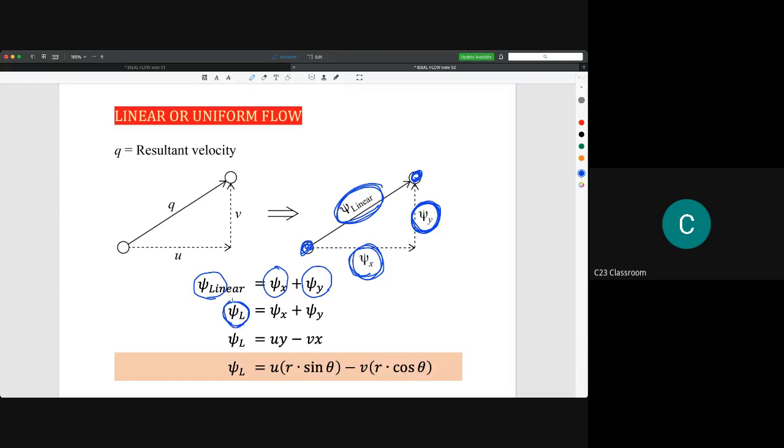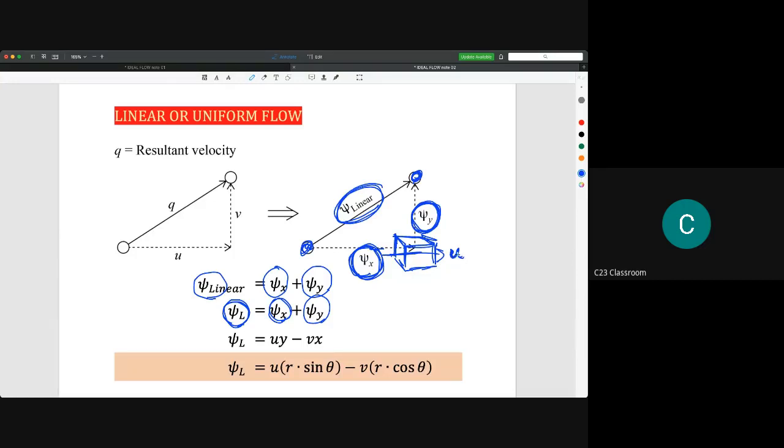So we have psi l equal to psi x plus psi y, and then psi x here can be written as uy. Just imagine that we have a psi x here, and we have a cross section. Let's say we have a box. Psi x here is actually the velocity u, because we are evaluating the x-axis.